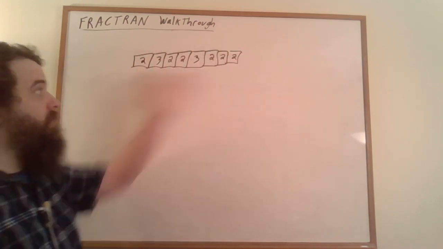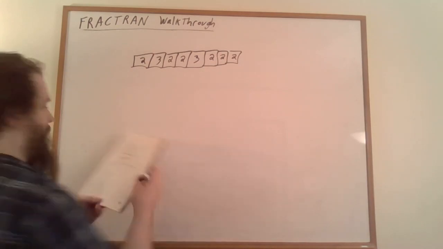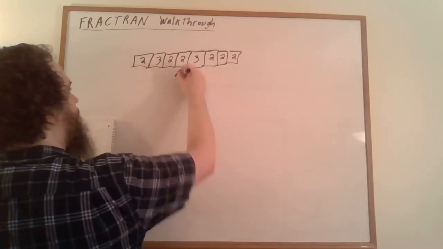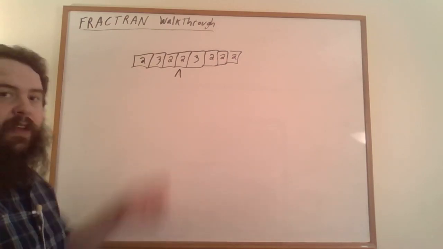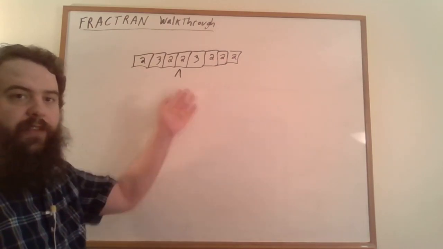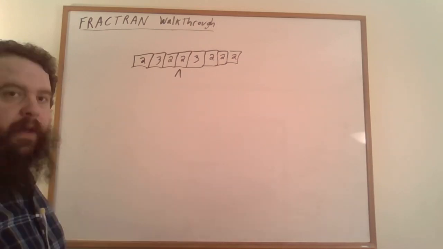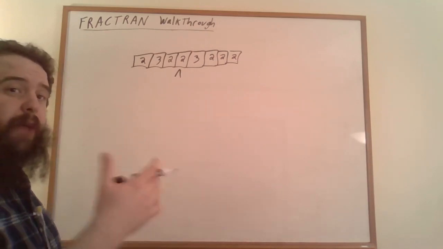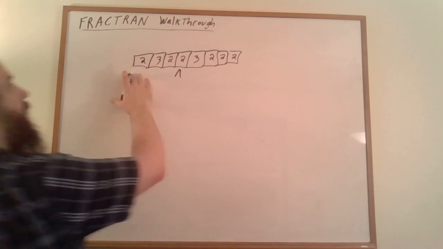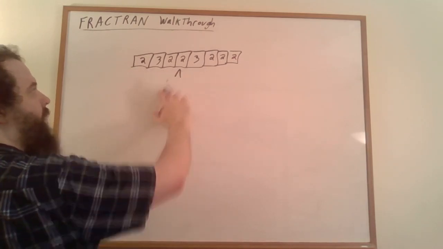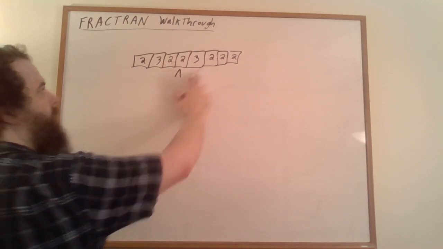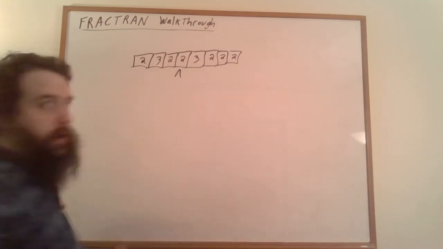So let's say that these are the current values on the tape, and the read-write head is at this particular position. How can we represent this particular setup in FRACTRAN? Well, I'm going to want to split the values into those on the left-hand side of the read-write head, the value at the read-write head, and the values to the right of the read-write head.